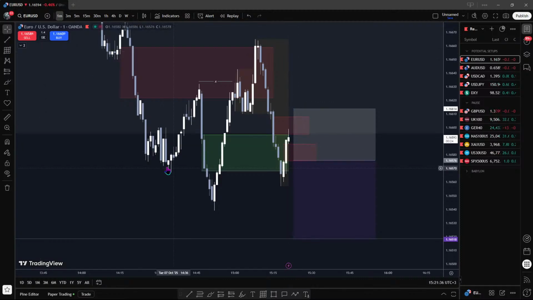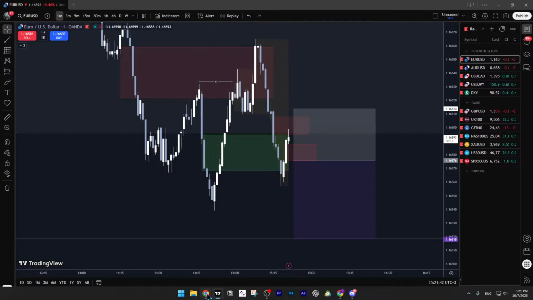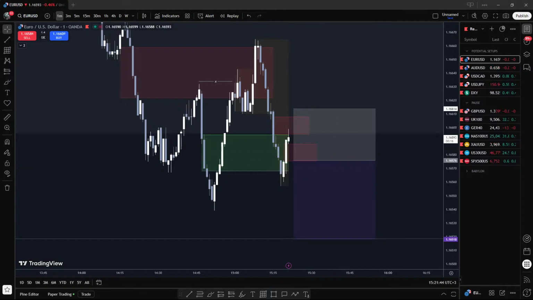If we close below this, I'm taking this. I'm just getting ready in case it happens. But yeah, this looks good now. If we break lower, yeah, it's good. If we inverse this, I see. That's a good start.